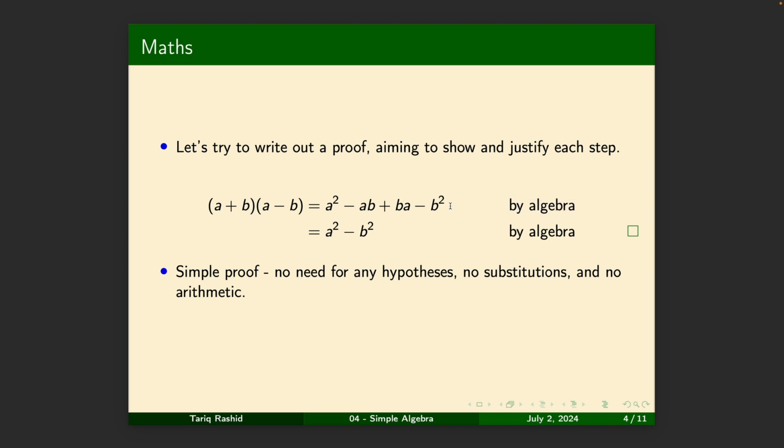Remember in the first couple of videos we talked about how far down we go in justifying things. Do we have to talk about the properties of integers, or explain what multiplying brackets means? Do we have to go all the way back to the axioms?